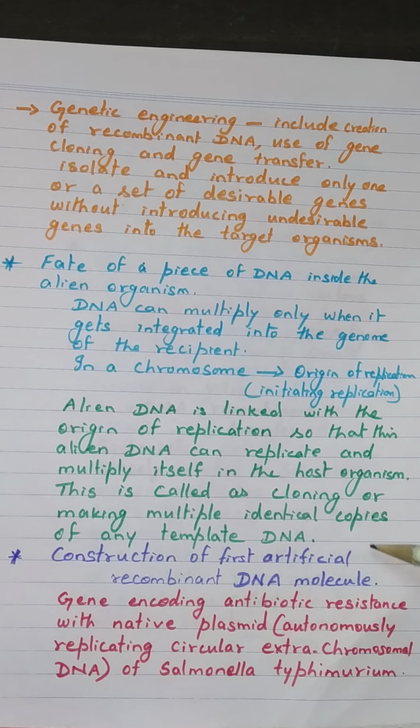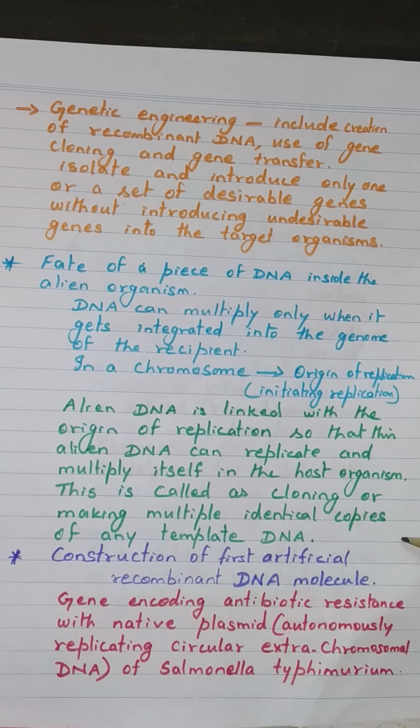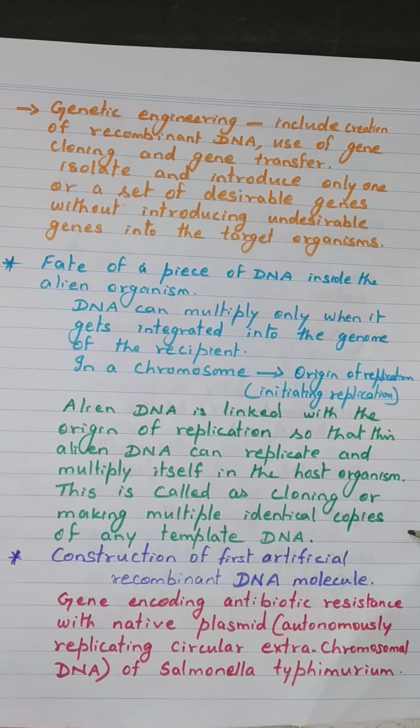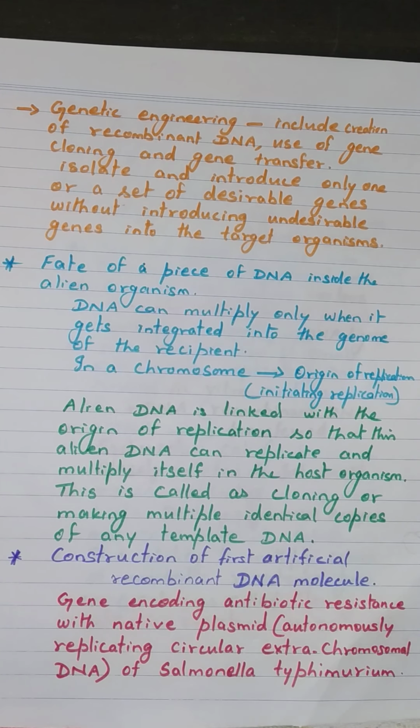First, we select the desirable piece of DNA from any organism, and then we introduce, ligate, or combine this piece of DNA with the DNA of the host. Now this DNA has the original and also the new alien DNA, and that DNA is called recombinant DNA.